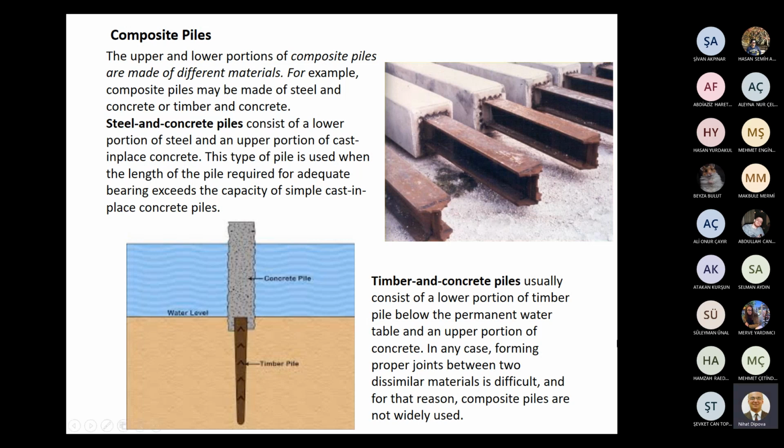Timber and concrete piles usually consist of a lower portion of timber below the permanent water table and an upper portion of concrete. In any case, forming proper joints between two dissimilar materials, whether timber and concrete or steel and concrete, is very important and also difficult.